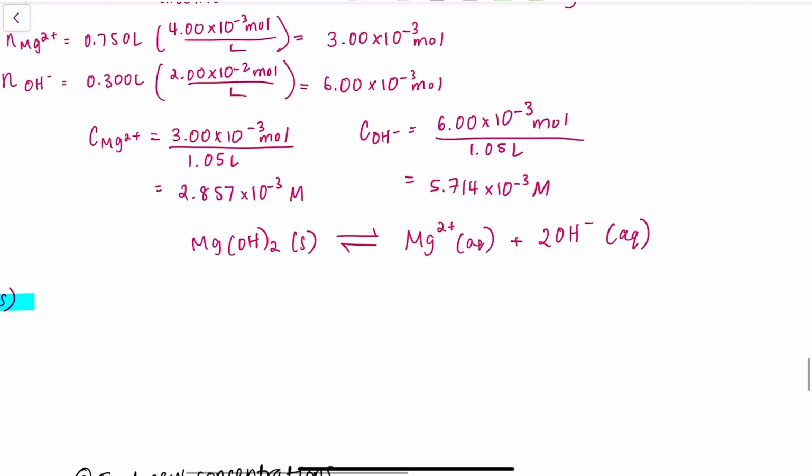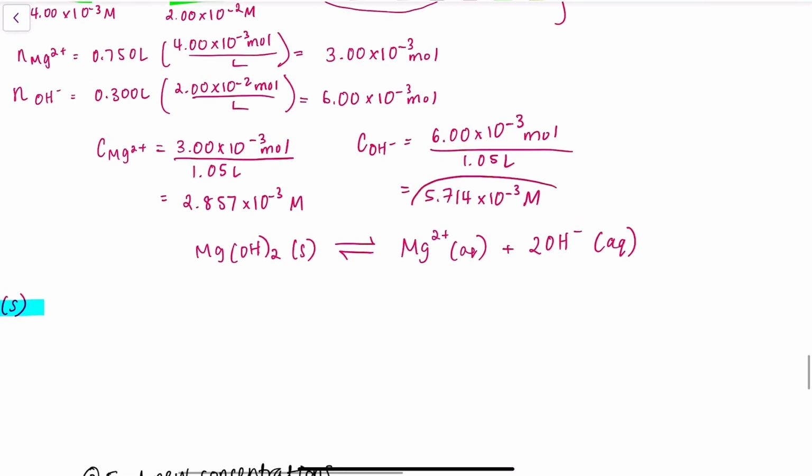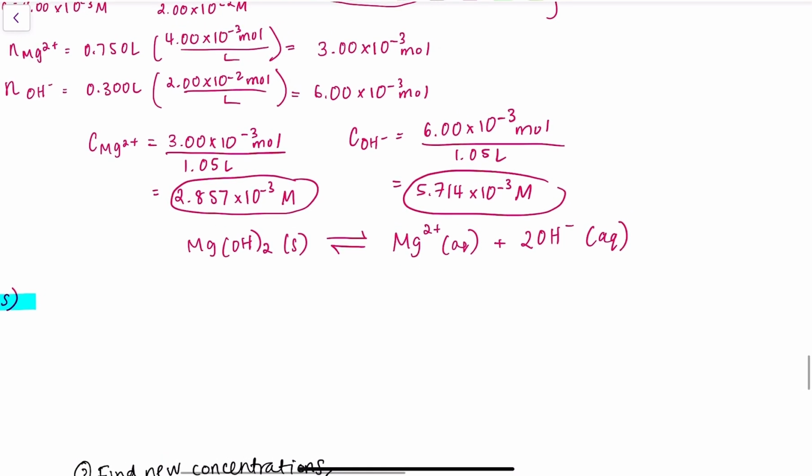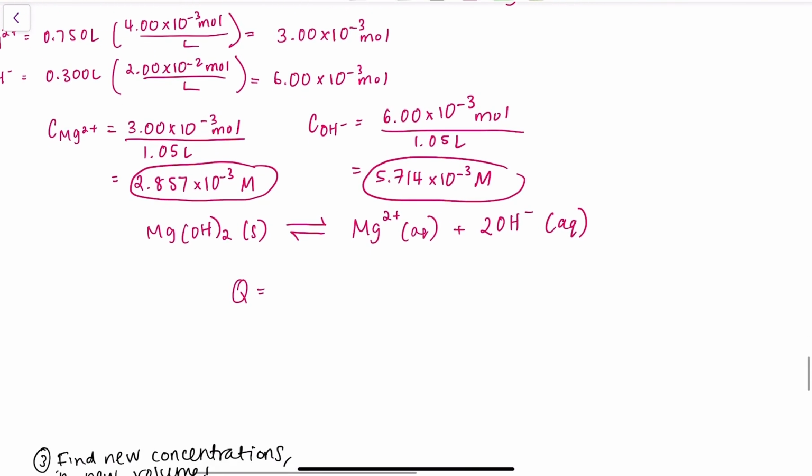So I know that the concentration of magnesium and the concentration of hydroxide are calculated here. And the KSP, we're not looking for KSP, but we are solving for our Q value. So we're looking to see where the system is.